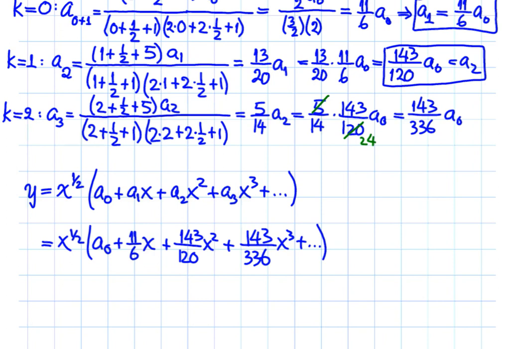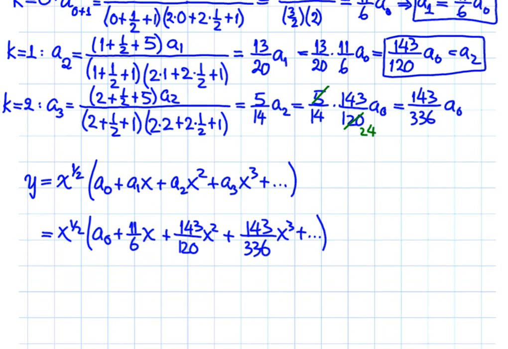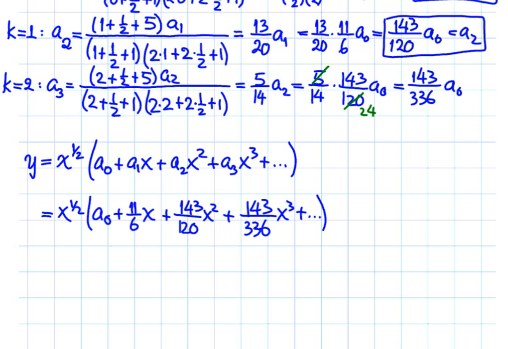And then if I multiply the x to the 1/2 inside, I forgot all of them have the A0. Right. All of them have A0, and all of them have x to the 1/2.